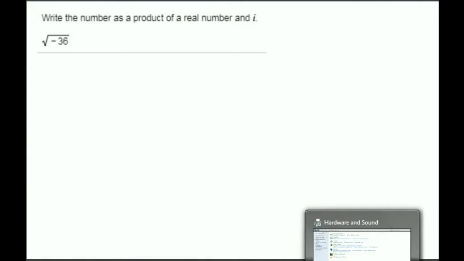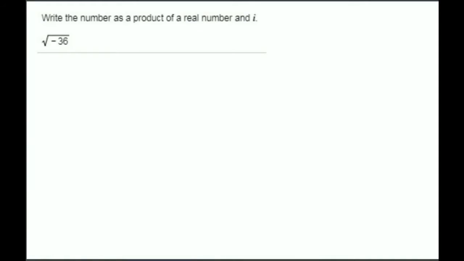So going to the homework real briefly here. We want to write the number as a product of a real number and i. What we have here is the square root of negative 36. We can think of this in another way. This is the same thing as the square root of negative 1 times the square root of 36.